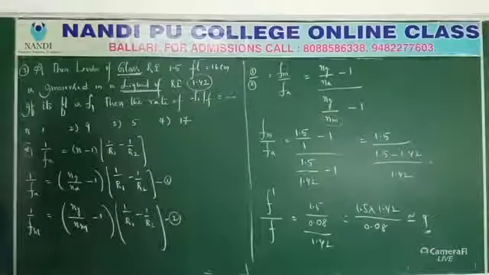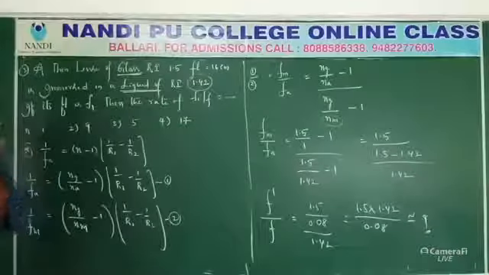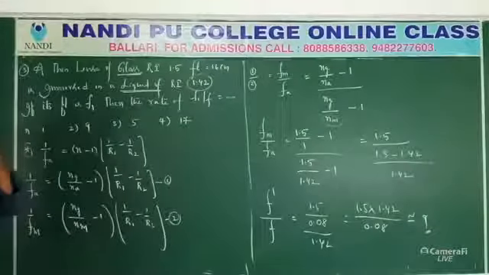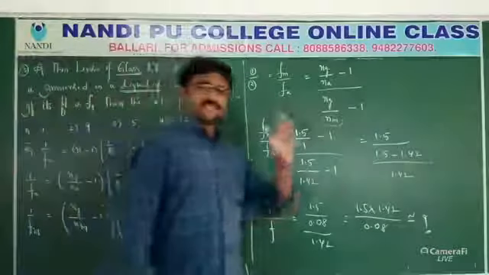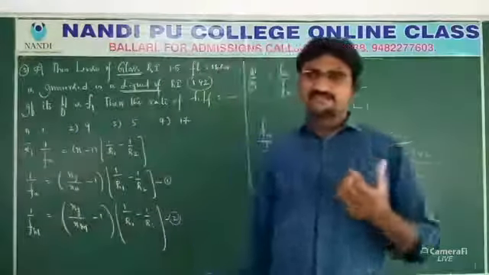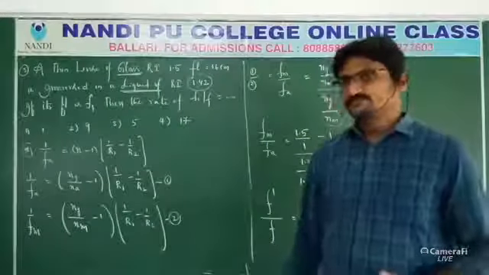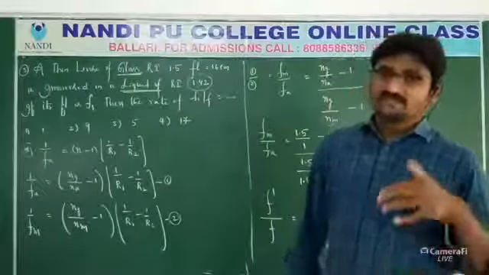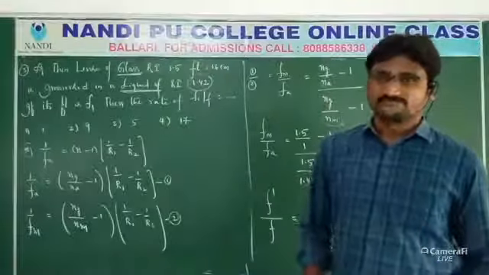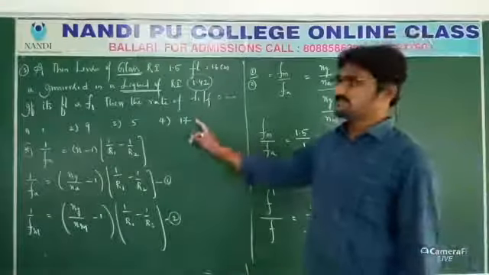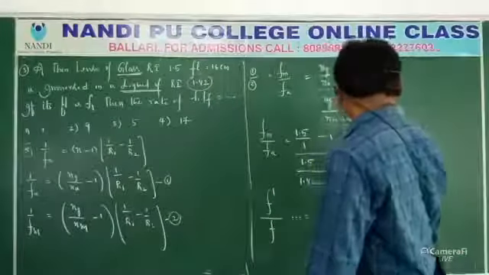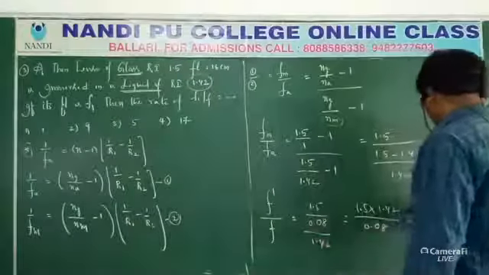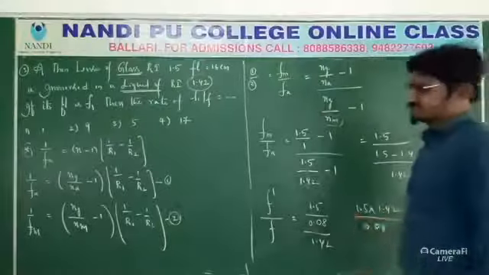So this is the idea to solve questions related to a lens with the help of the lens maker's formula. The standard idea is first the lens is kept in air, and then the lens is brought into liquid of the refractive index they have given. Once they have given the refractive index, 1.42, we have substituted here, then your answer is 9.